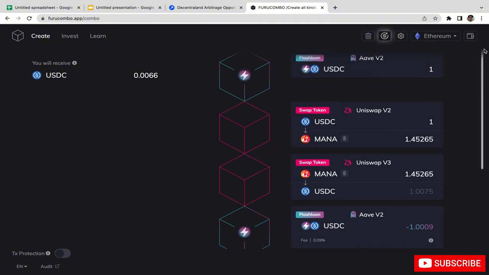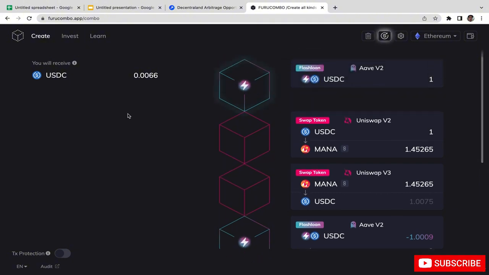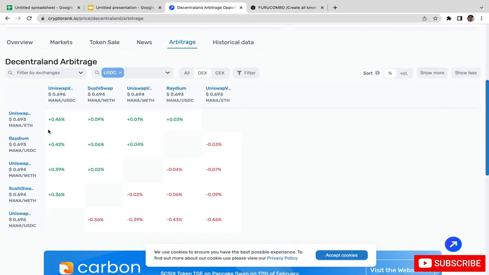At the very least, it's good progress, right? In the previous trial, we didn't make any profit. As a matter of fact, we were losing money. But in this particular case, we made a profit even though it was a pretty small profit. And if you're asking why we were able to make a profit this time, it's because we used a guideline from CryptoRank.io.